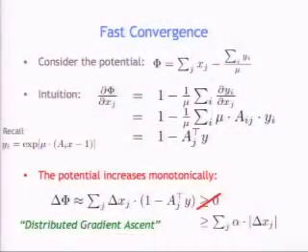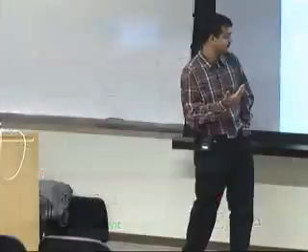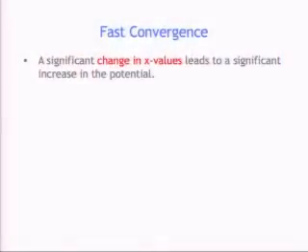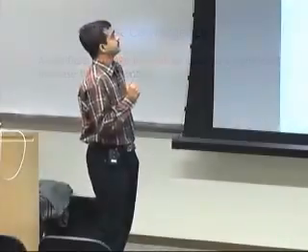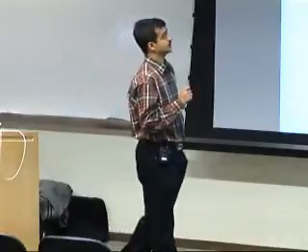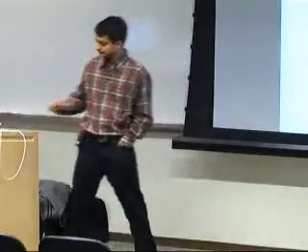And that's why you can think of this algorithm as doing distributed gradient ascent on this potential. Okay, so how do we show fast convergence? We just noticed that a significant change in x values leads to a significant increase in the potential.